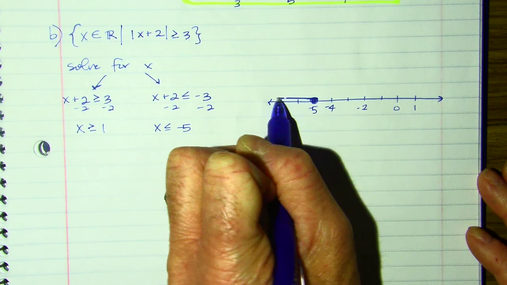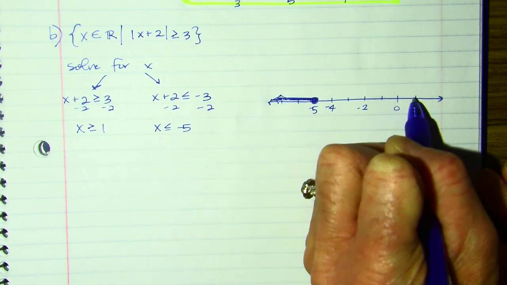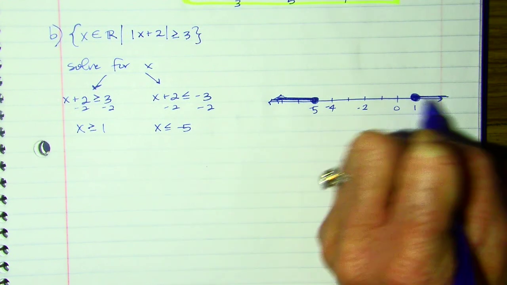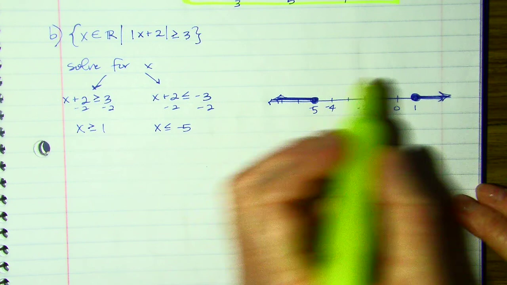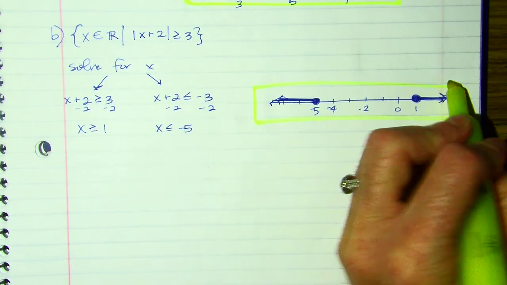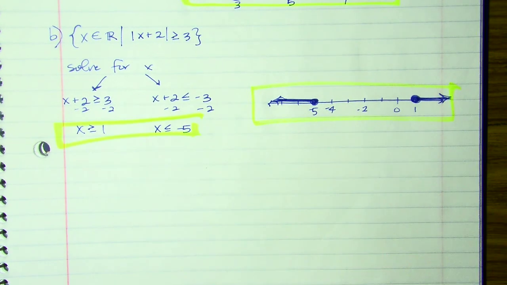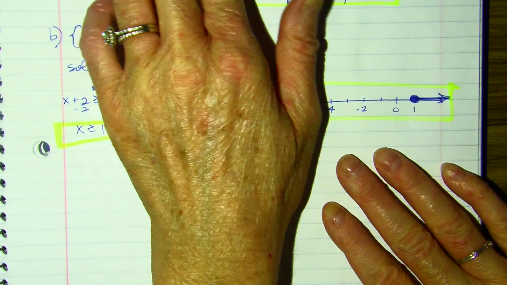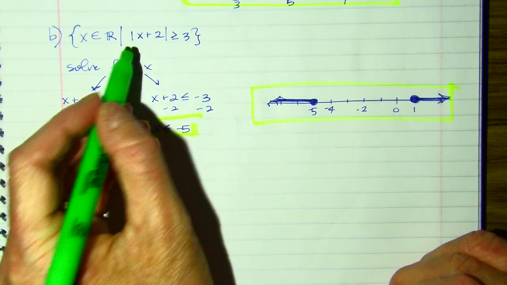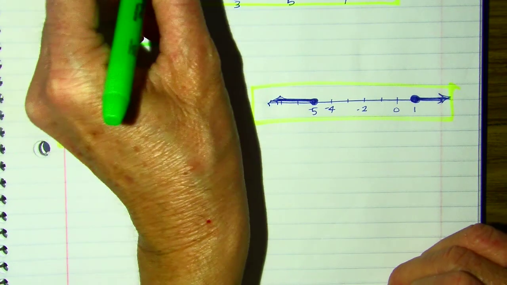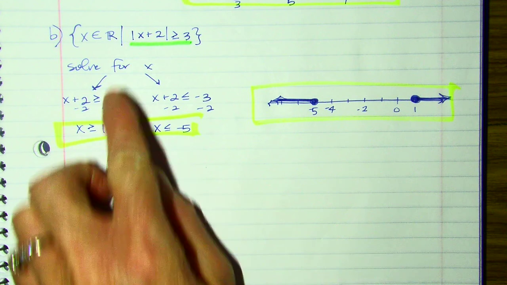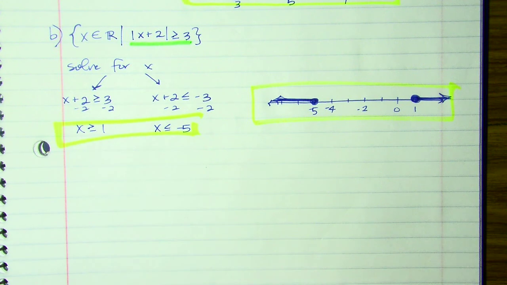It says x is less than, and it says x is greater than. And so for this one, those are my answers. Okay, not too bad. Make sure you're really looking at the equation part. You're solving this part here, right? The absolute value of x plus 2 is greater than or equal to 3.